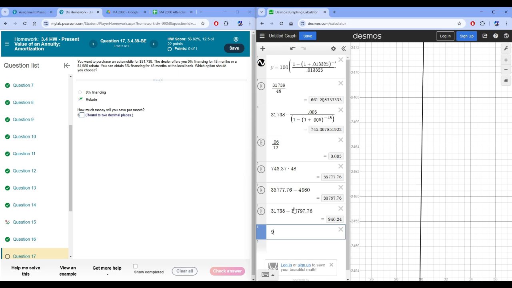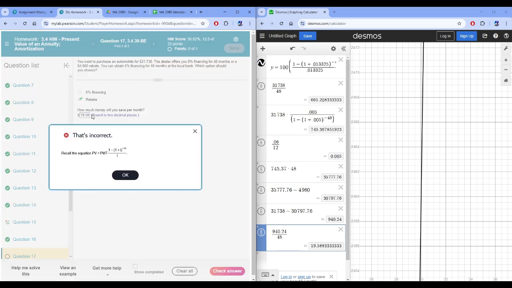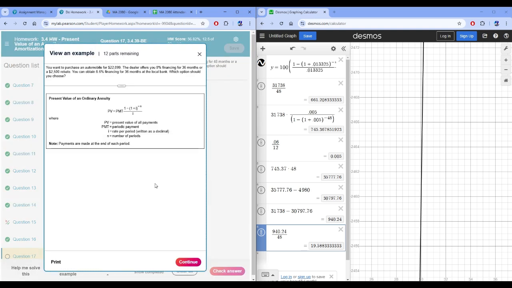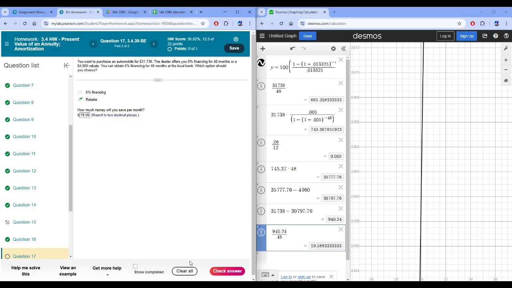That gives me 940.24 divided by 48, and I would save $19.59. Oh my God. How much money will you save per month? Part 2? Really? I thought I did it all right. Oh, it's right there at the end.